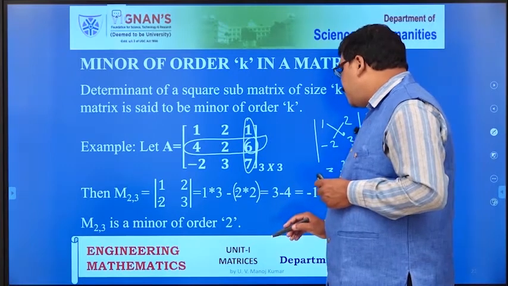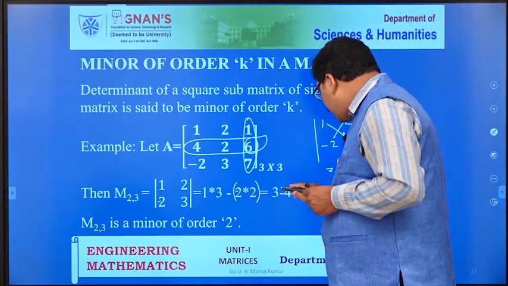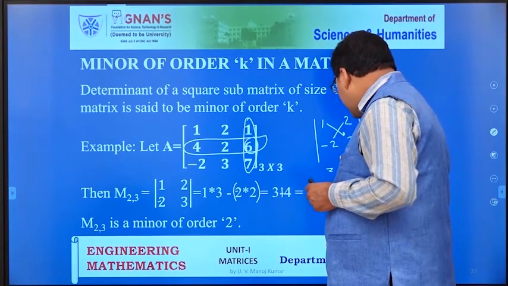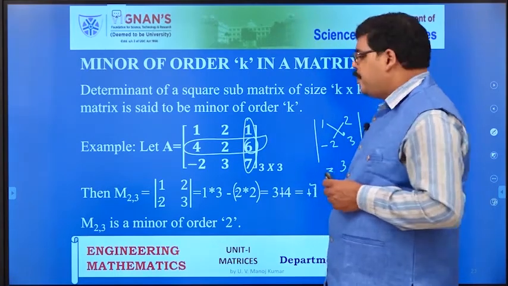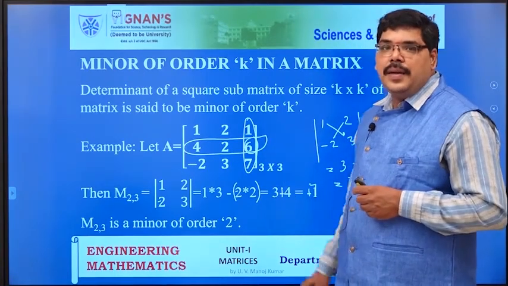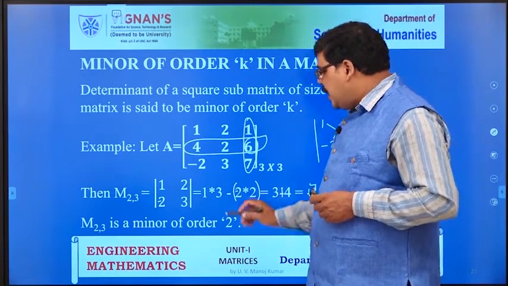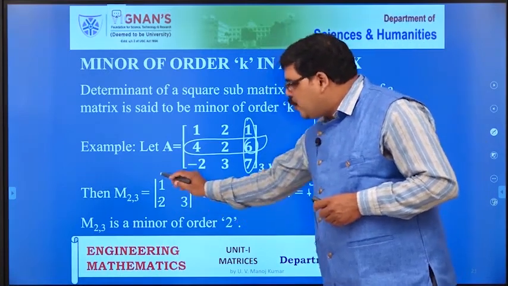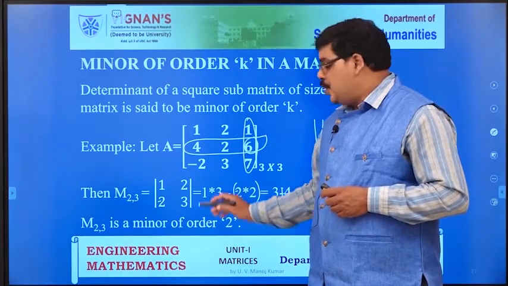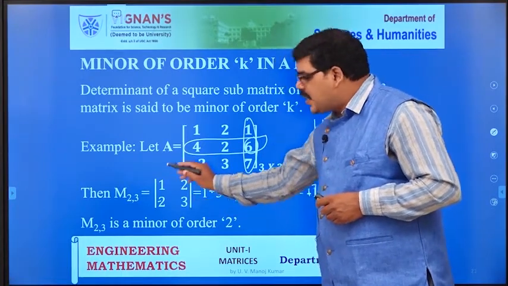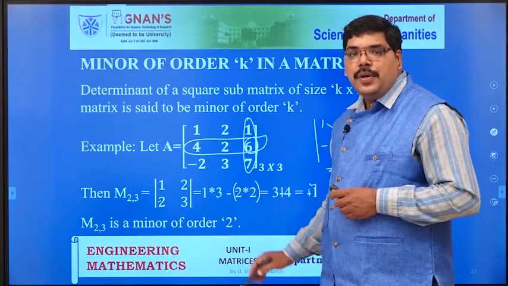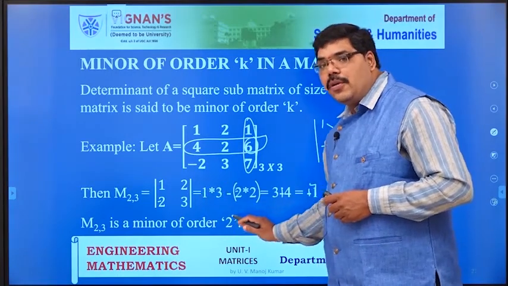That gives 3 plus 4, which equals 7. So the minor of the given element is 7. And if you see, this is a 2 by 2 square submatrix. As the square submatrix is of size 2 by 2, we call it a second order minor.